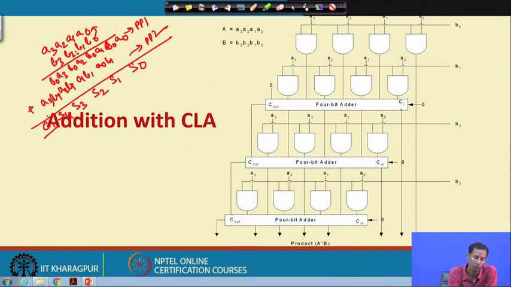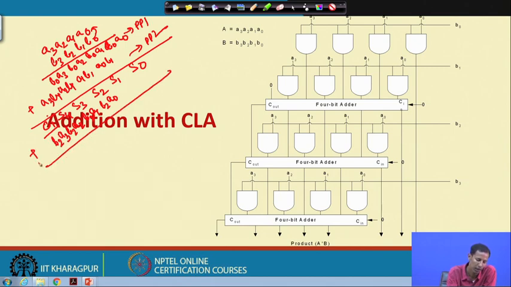Then in the next step I have to start B2, and B2 will start from the S2 position. So, now I have B2 A0, B2 A1, B2 A2 and B2 A3.